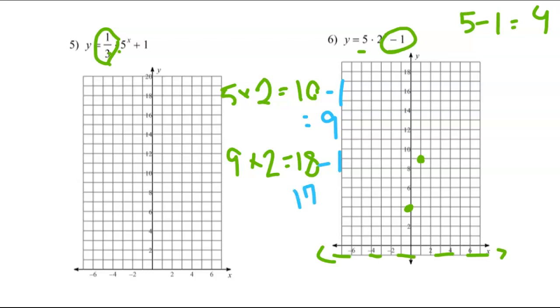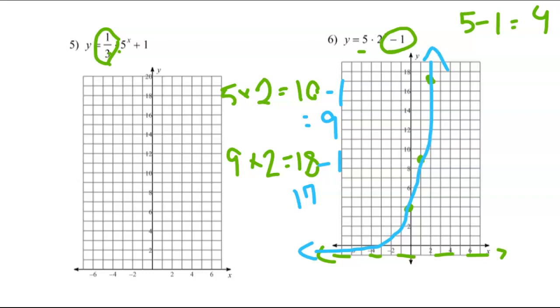So that is where our next point would be, at 17. So once again, I went over 1, up. And we're going to go ahead and connect the dots through here. Go towards the asymptote.